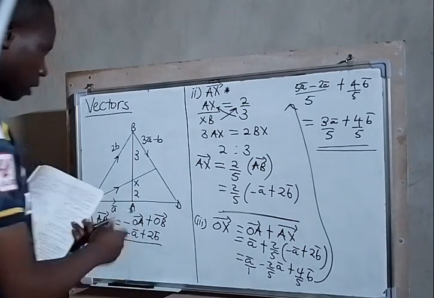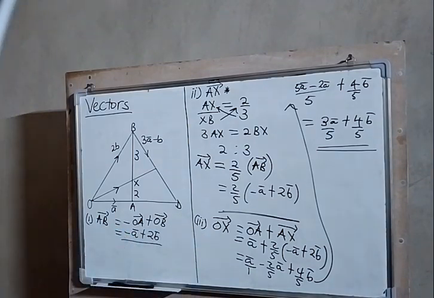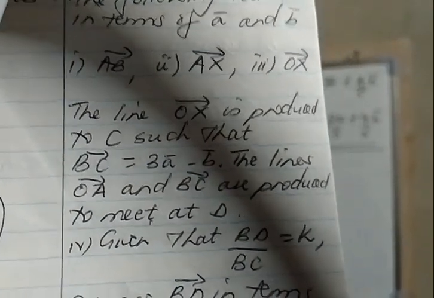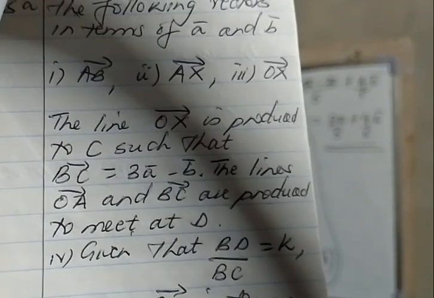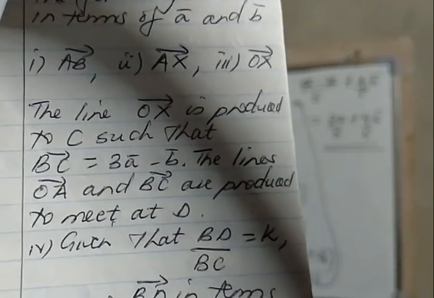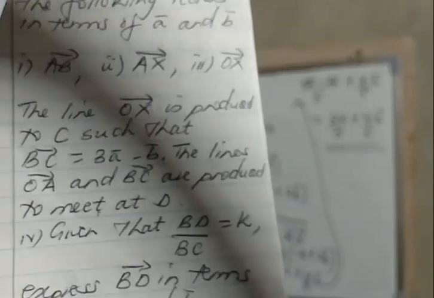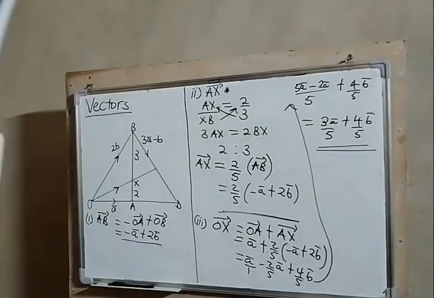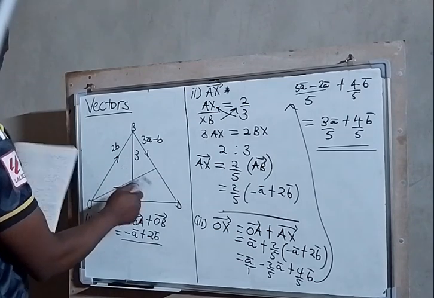Now, next aspect, we are given the line OX is produced to C such that BC is equal to 3A minus vector B. The lines OA and BC are produced to meet at D. Item 4, it is given that BD over BC is equal to K. Express BD in terms of K, A, and B. So we are saying OA and BC, this is where our C is.